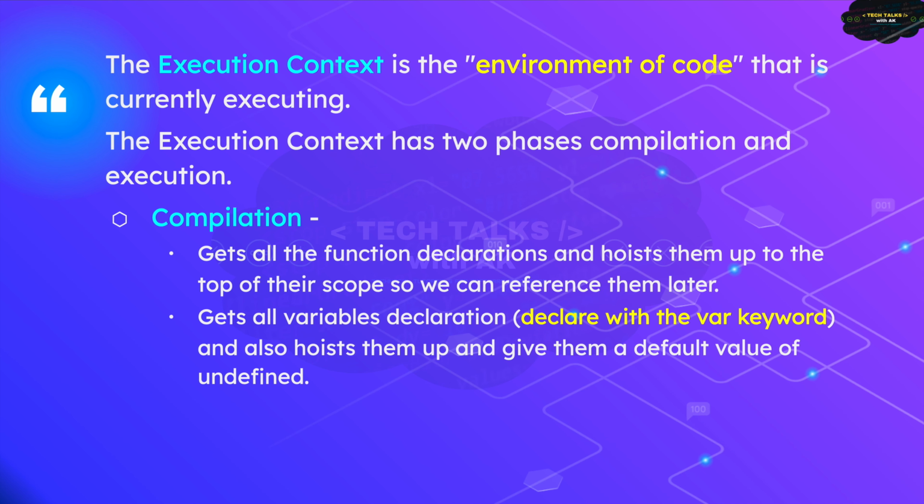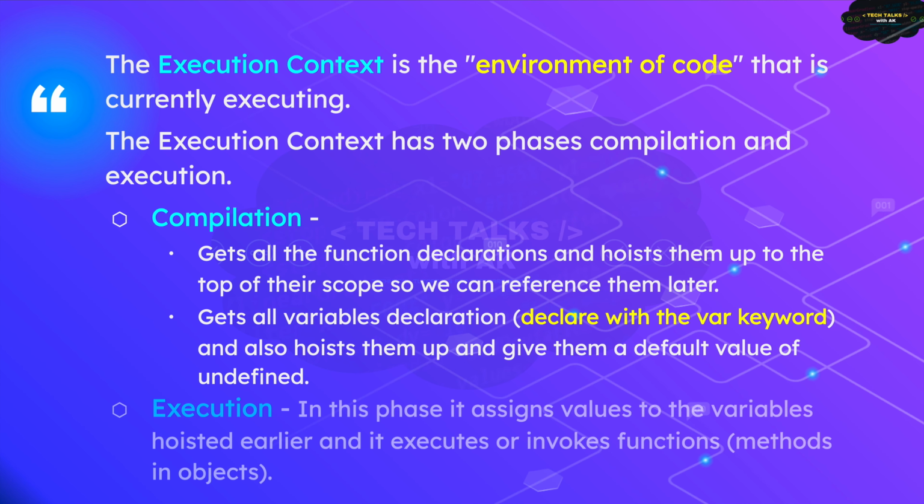It gets all the variable declarations, please note, declared with the var keyword only, hoists them up and gives them a default value of undefined. The other phase is the execution phase, where it assigns values to the variables hoisted earlier and executes or invokes functions.